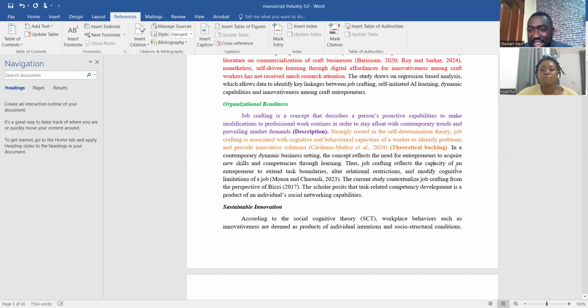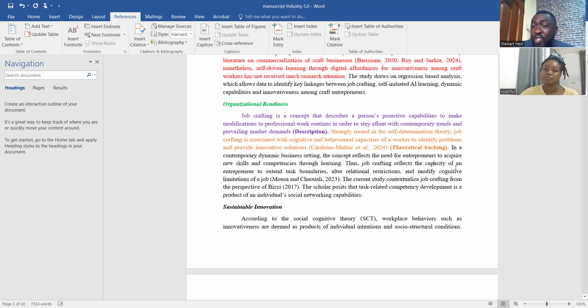You see the explanation. So in the writing, our first statement, in contemporary dynamic business setting, the concept reflects the need for entrepreneurs to acquire new skills and competencies through learning.